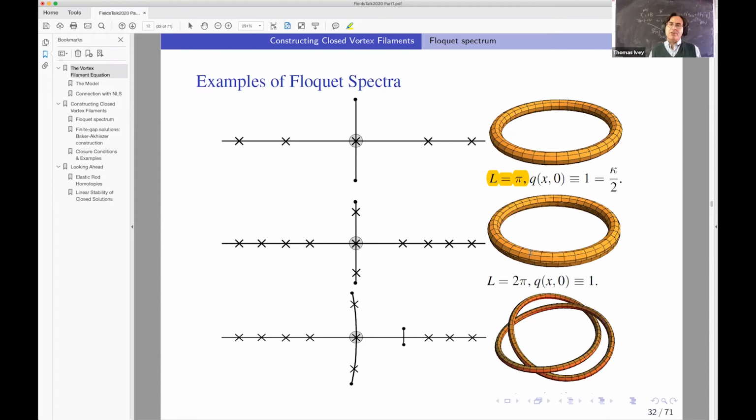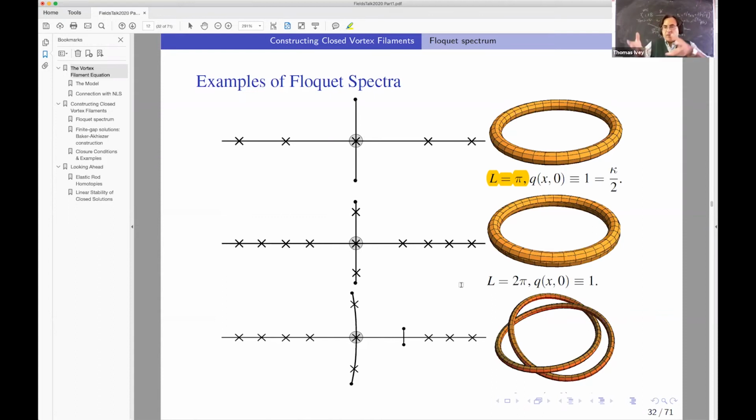Now, if we just lengthen the period, taking double the period, corresponding to going around the circle twice and saying that's our period L, then you'll pick up more double points in the Floquet spectrum. Those are illustrated by these additional x's that have appeared along the imaginary axis and also between each of the x's we had before.